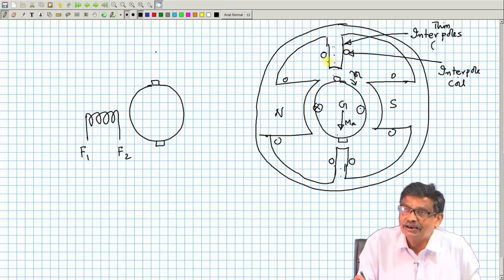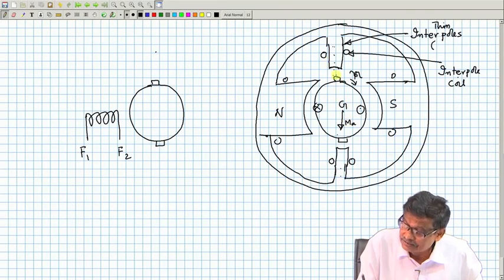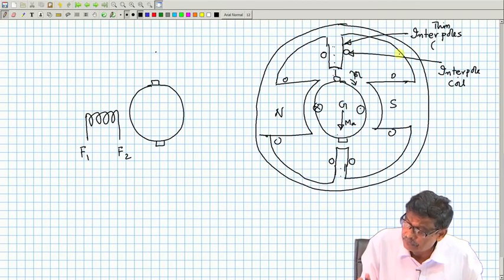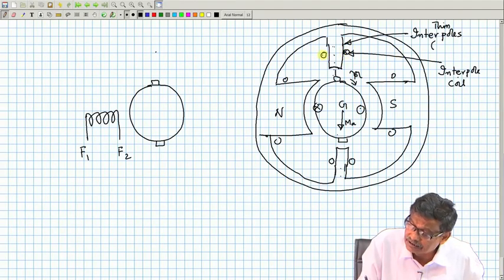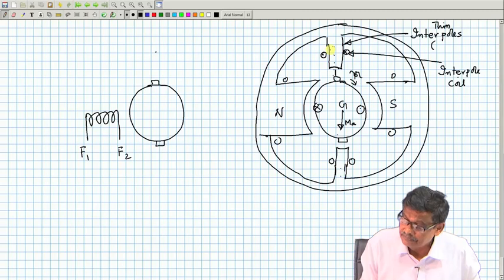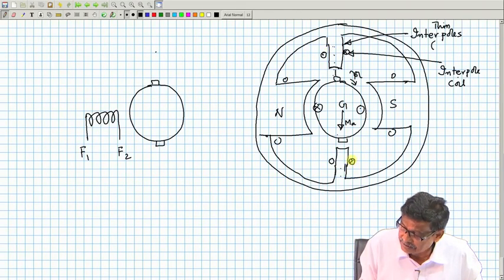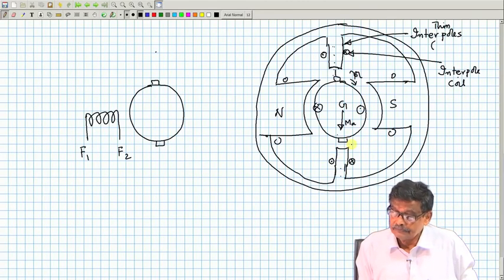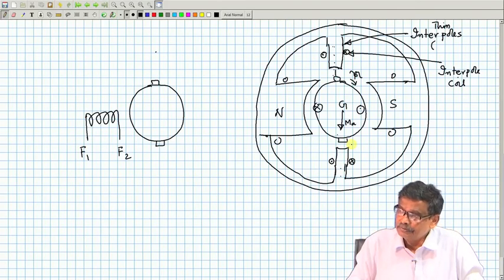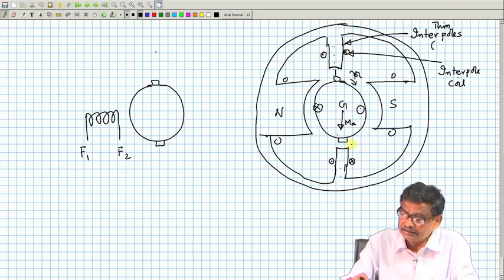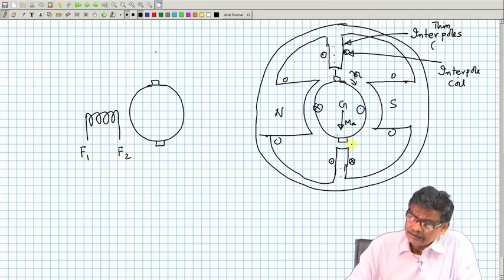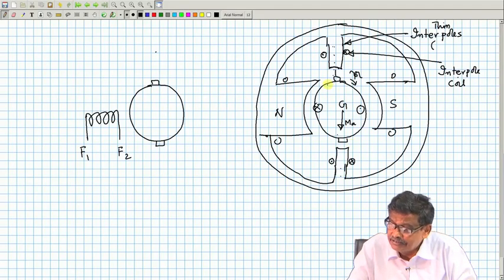What should be the polarity of the current to oppose this quadrature axis flux? If interpoles were not there, there would have been a flux that causes the problem. Therefore, I must pass cross current here and dot current there. Similarly, cross current here, dot current there. Like that I have to put, because there will be some quadrature axis flux present. And this will take care of these nearby conductors.